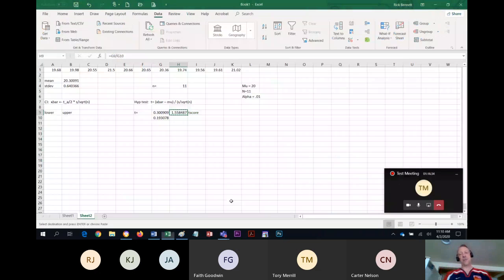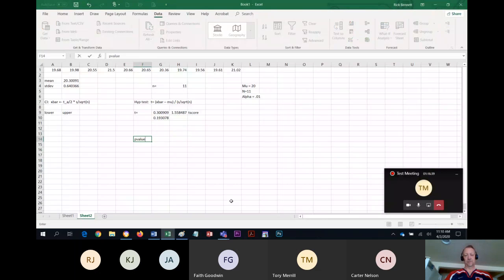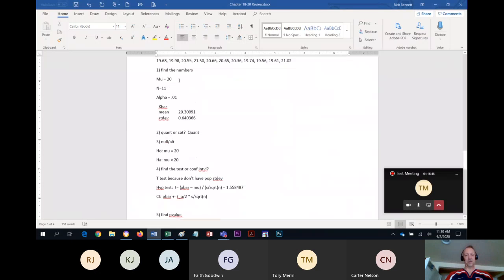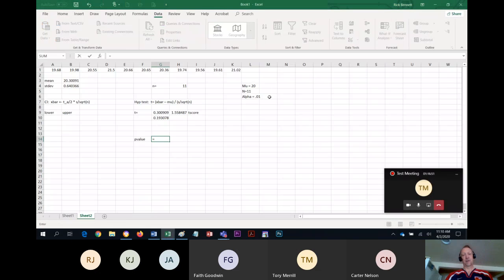Okay, how do I find the p-value with Excel? I'm going to copy my null and alternative hypothesis here. What's the formula I use for my t-score?